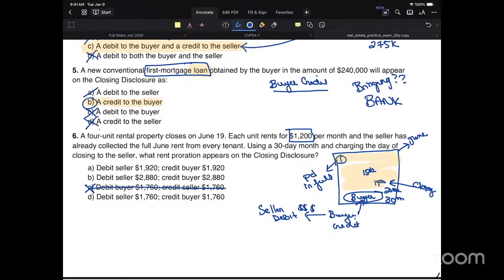And don't forget, it's a 4-unit rental property. It's $1,200 a month per unit. So if I can figure out how much it would be for 1 unit and then multiply that by 4, I'd be good, right? If I take 1,200 and divide it by 30, that gives me $40 a day.